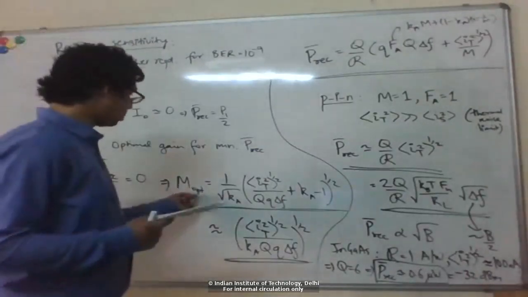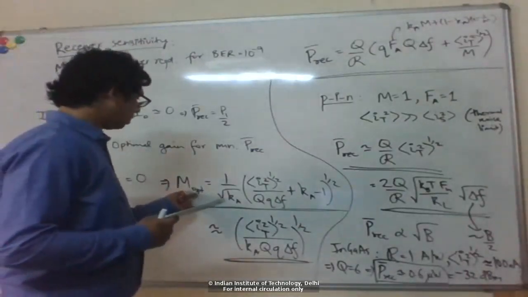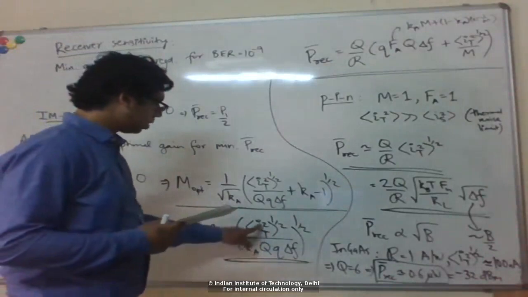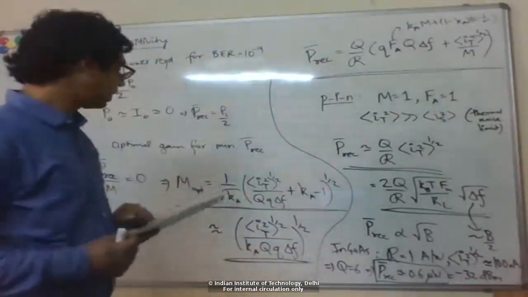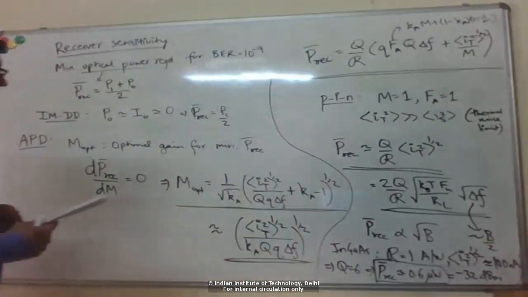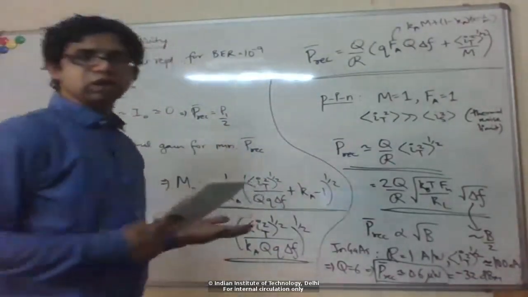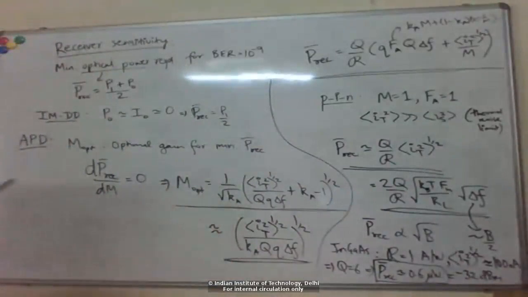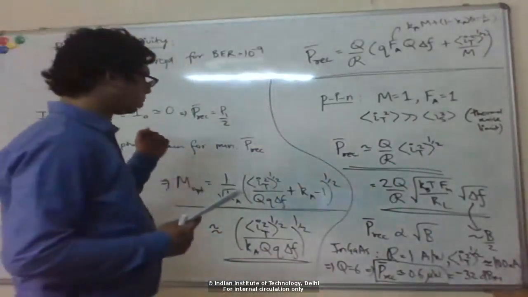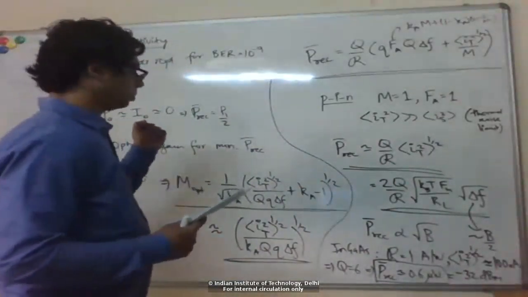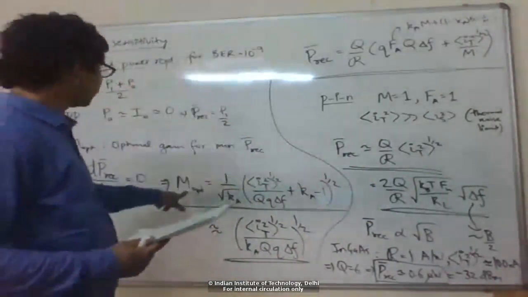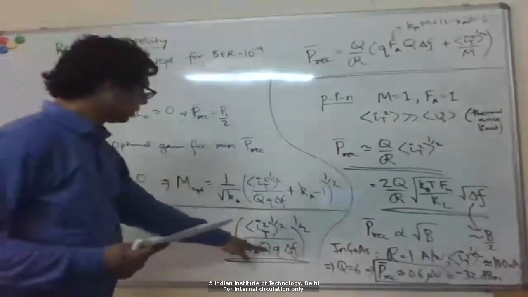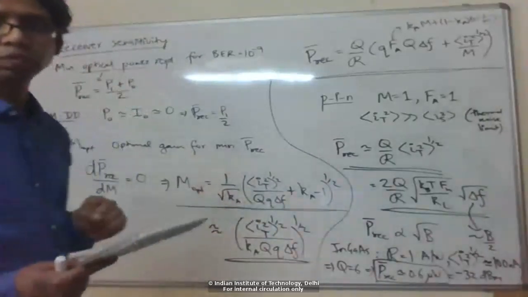So yeah, you can say the optimum value of the gain goes down with increasing Q or decreasing bit error rate, which is kind of counterintuitive, right? You would think that a higher gain would give you somehow a higher SNR and a lower bit error rate, but we are seeing that the optimum gain actually is going down with increasing Q.